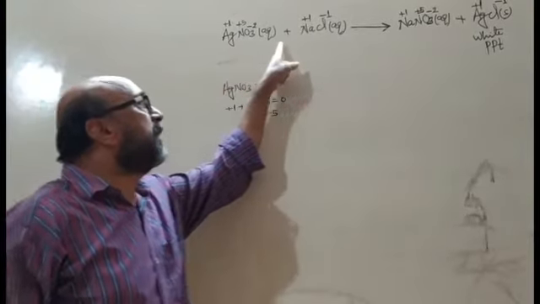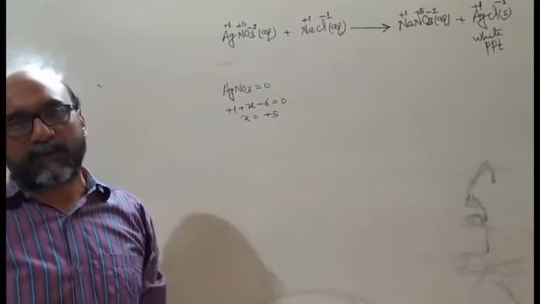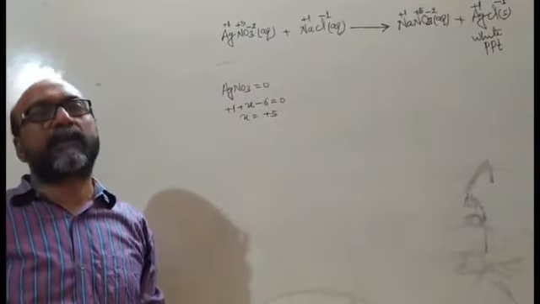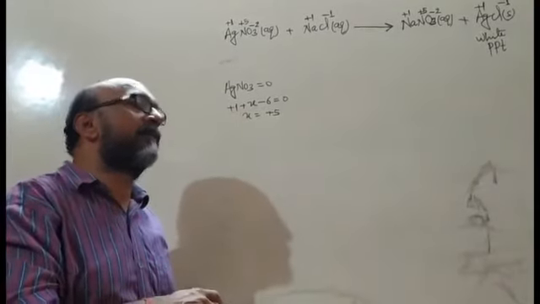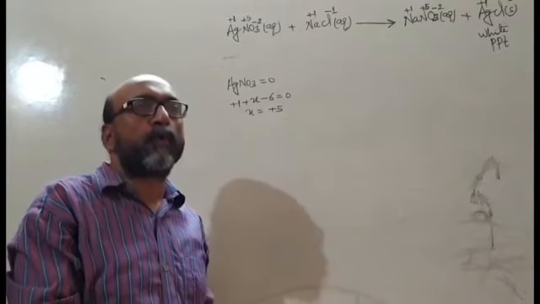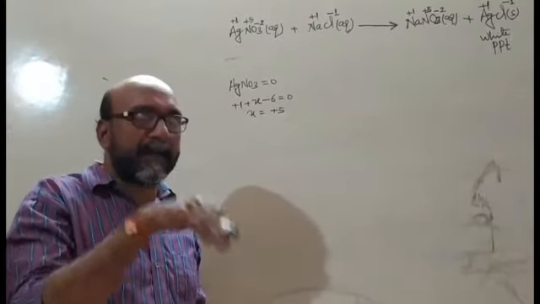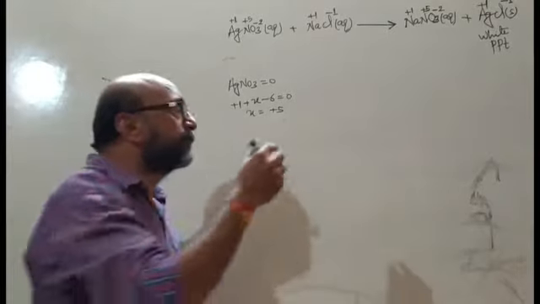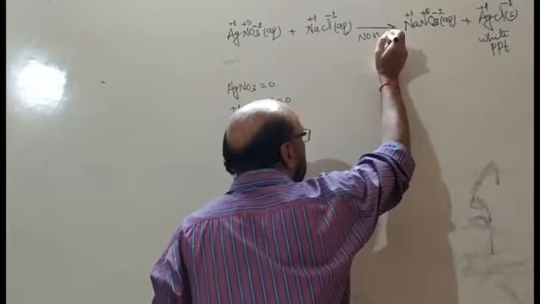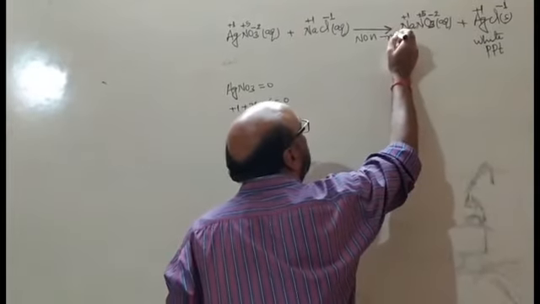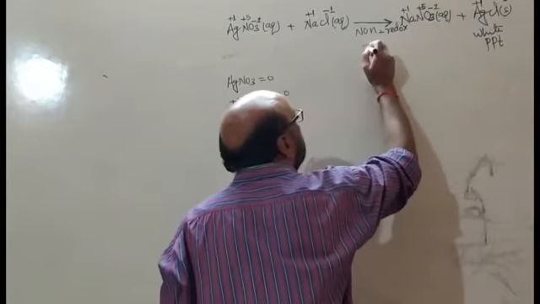None of the elements undergo change in their oxidation state. The oxidation state of each element in the reactant is equal to the oxidation state of that element in the product. Therefore, it is not a redox reaction, so it is called a non-redox reaction.